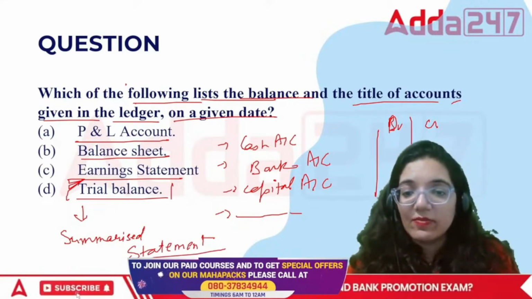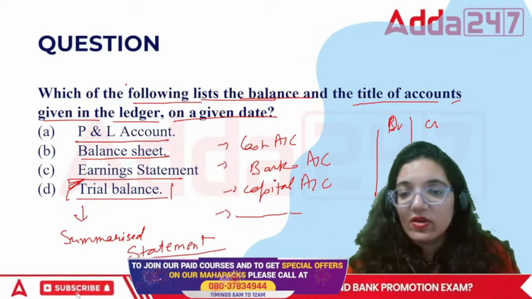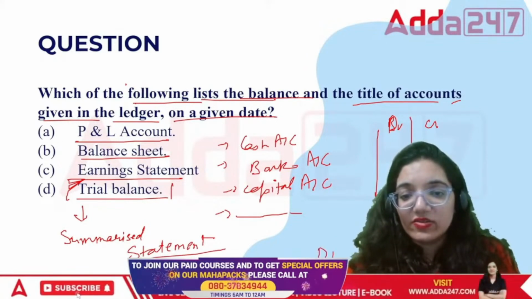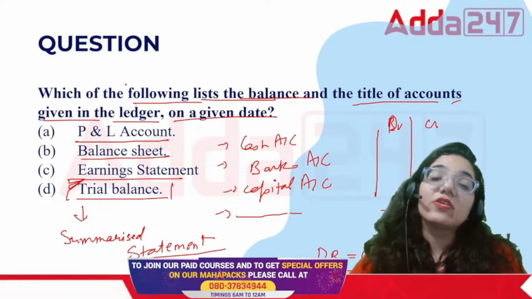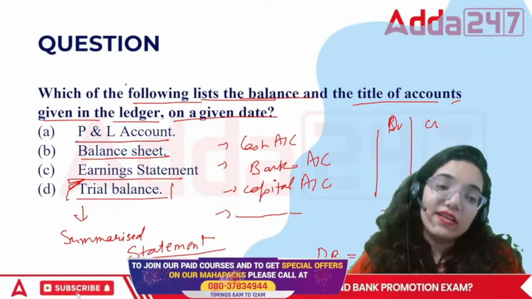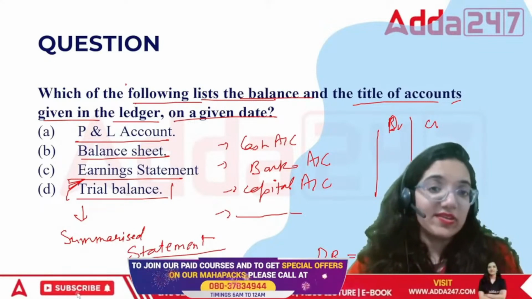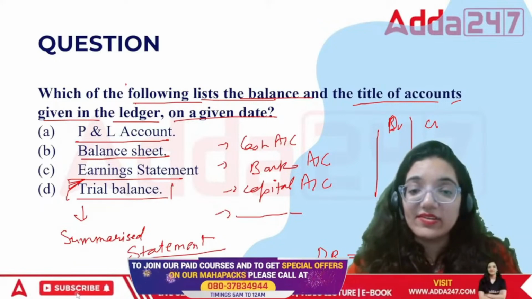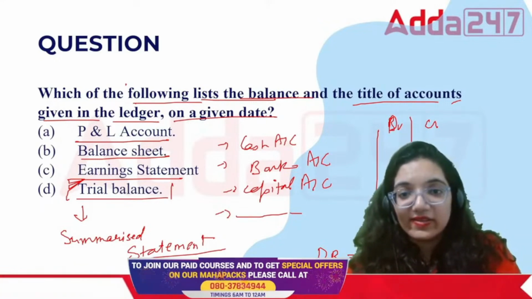Overall, when we prepare this, the debit side should be equal to credit side, and this is not going to be a conclusive proof. It can be the proof that there is an arithmetical accuracy, nothing else but just the arithmetical accuracy.